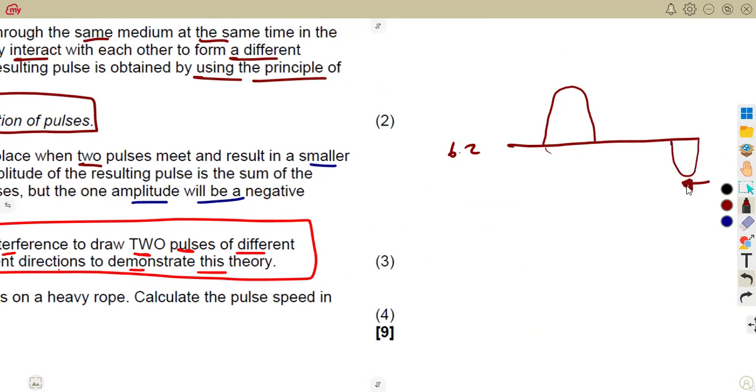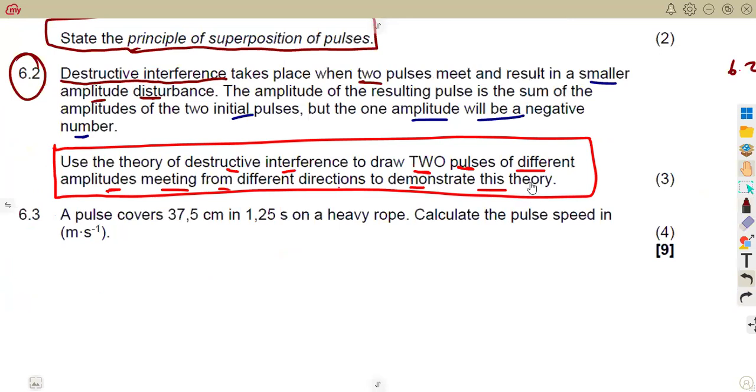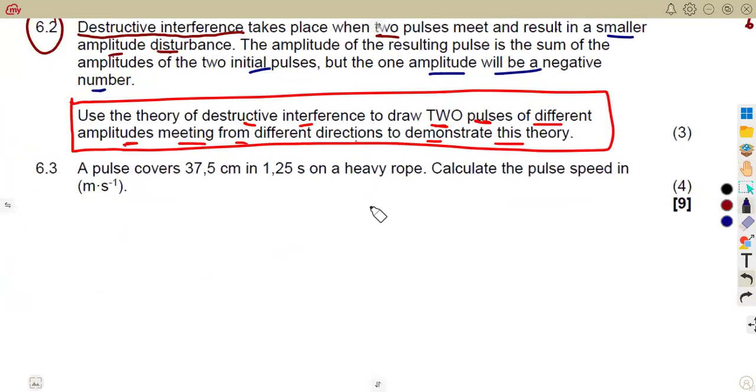So moving to the left and this one moving to the right. Then as we can see, this side is bigger. So meaning to say our resultant when they meet is going to be on top, but smaller than what it was like here. All right, that is the condition. So guys, you can just put it this way. Just a simpler presentation, you obtain the 3 marks.